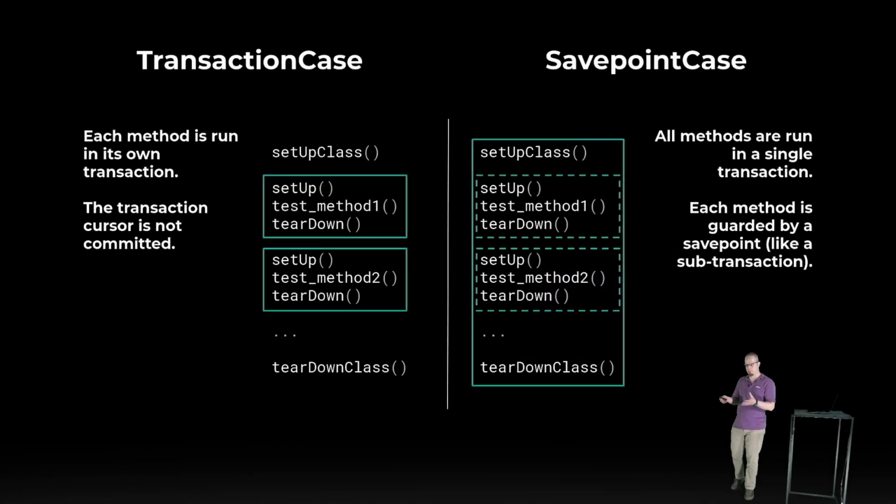We provide two main classes. The main one is TransactionCase on the left-hand side, and the SavepointCase here on the right-hand side can be seen as a kind of optimization for some special case. The base is the TransactionCase. Essentially, this suggests a full execution of the test suite of a given class.